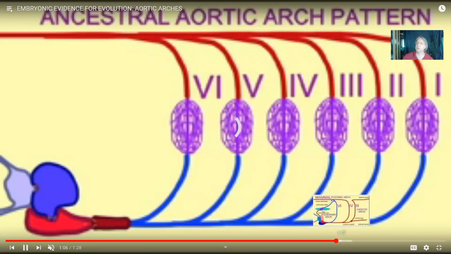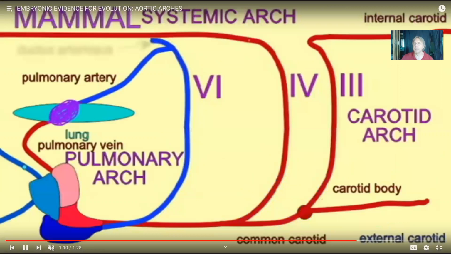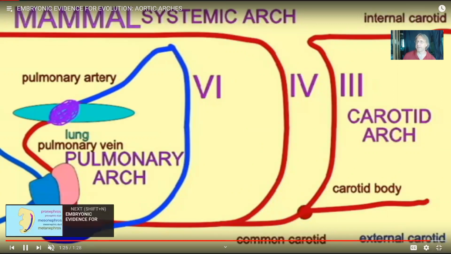We still number them developmentally. Here is the derivative of arch 3, arch 4, arch 6. The other ones form and then deteriorate. So even though our blood vessels, like the carotids, the pulmonary trunk and artery, are different from what forms in fish, nevertheless, we begin with a fish circulatory pattern, which then gets modified.